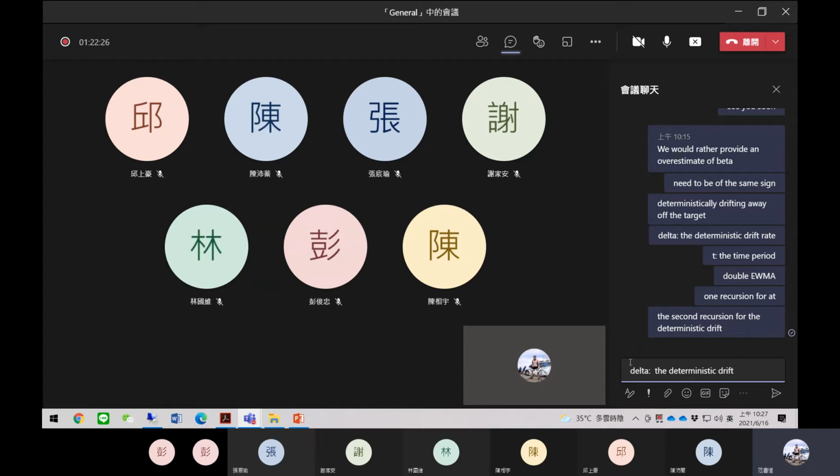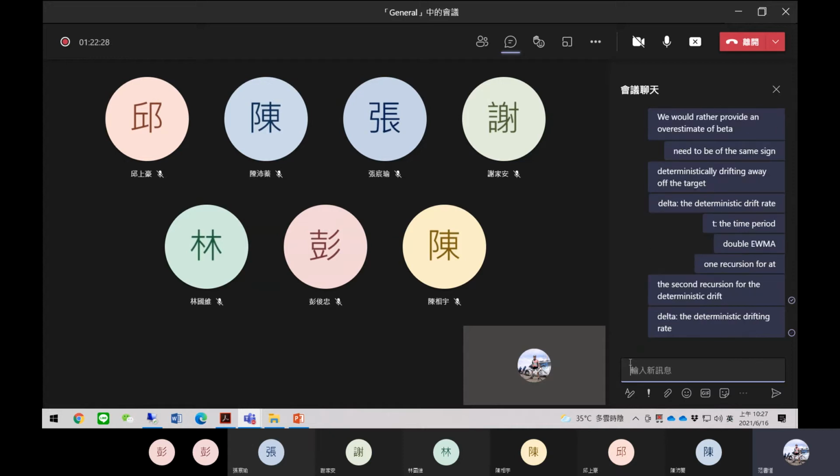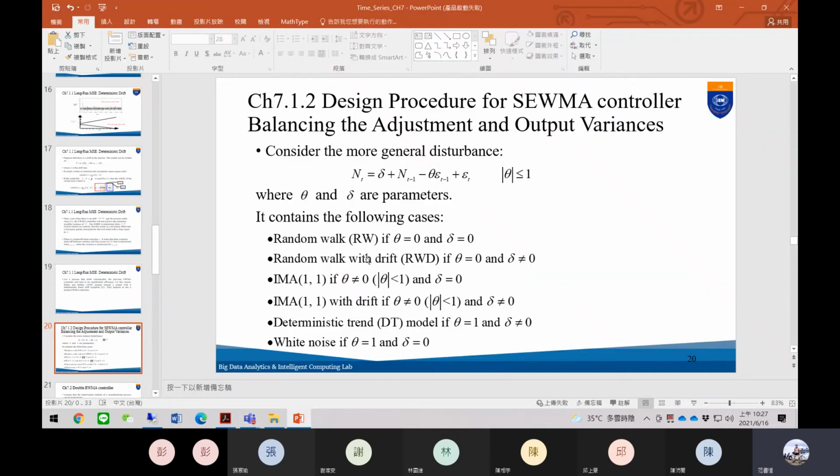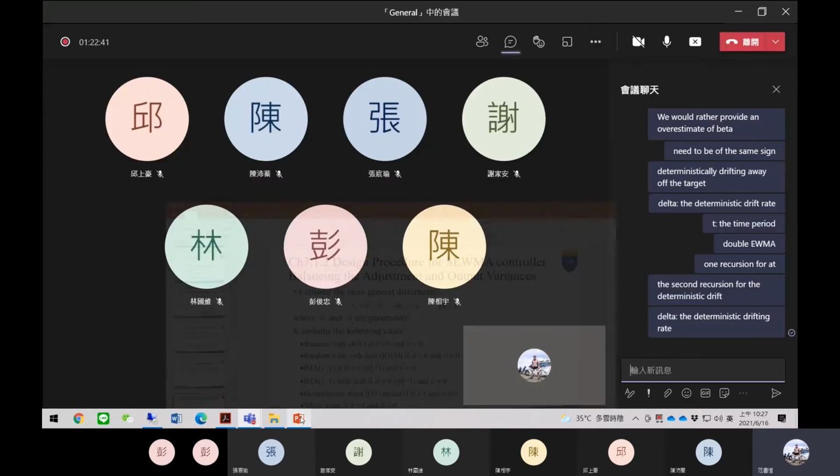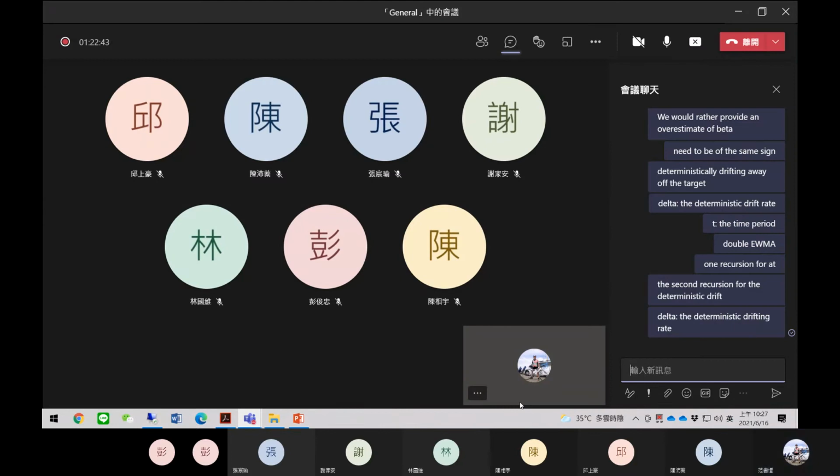And N_{t-1}, move N_{t-1} to the left hand side. This is N_t minus N_{t-1}. So this is the I component.